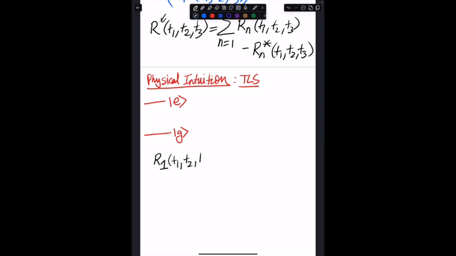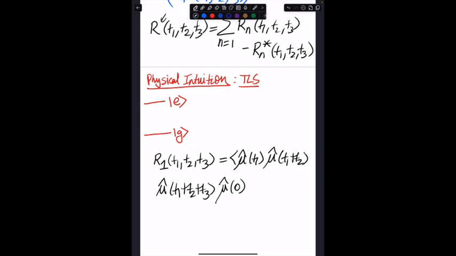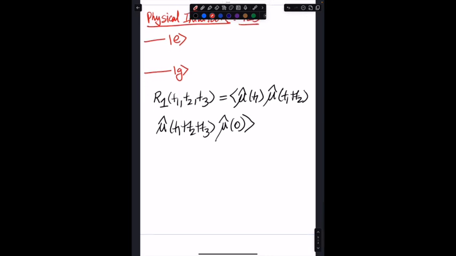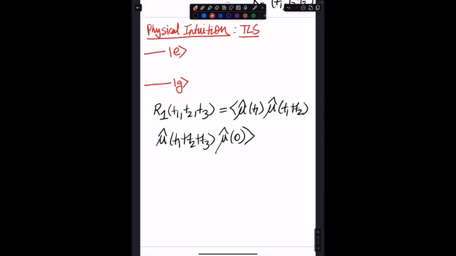If I consider response function R1, I have the following structure: mu hat(t1), mu hat(t1 plus t2), mu hat(t1 plus t2 plus t3), and mu hat(0). I do not know if you recall, but as I had mentioned in the previous lecture and at the beginning of this lecture, the fourth dipole operator corresponds to the emission of the signal field.